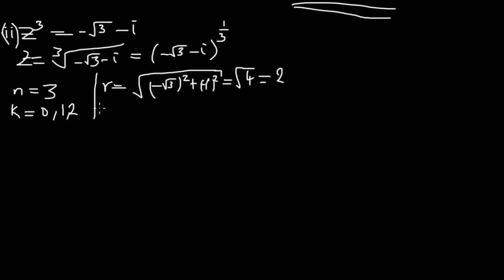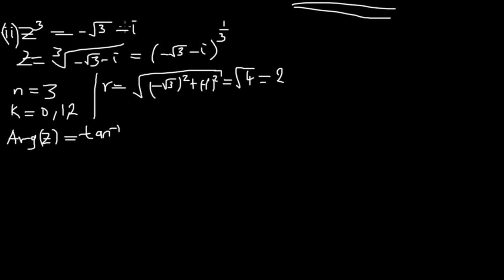So after finding these two, you quickly move on to finding the argument. The argument of z is going to be tan inverse of y over x.